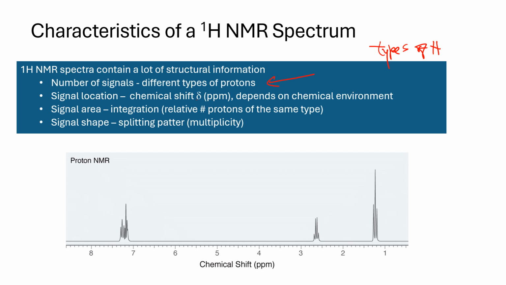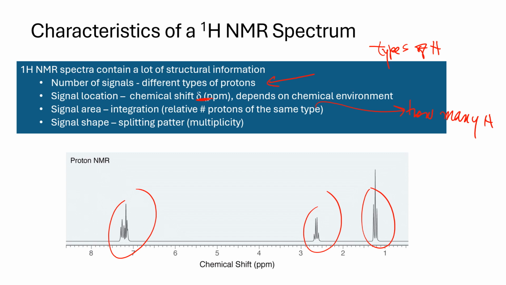So chemical shift, the area, the integration, and that has to do with how many H's give that particular signal. And the shape is a splitting pattern. So here at a glance you see 1, 2, 3 signals with different shapes in different chemical shift.